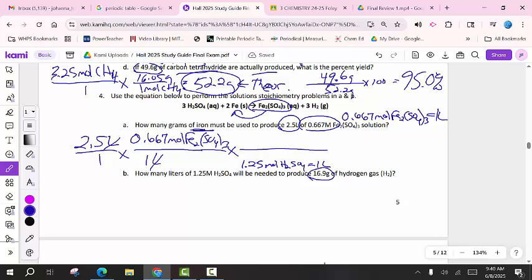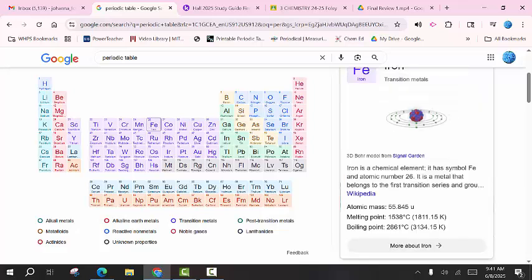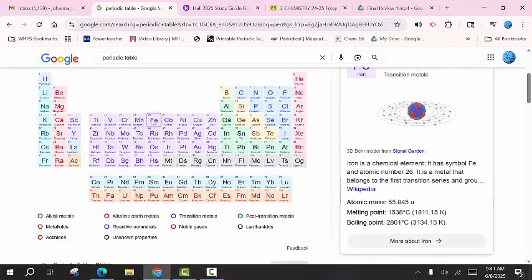There's a 1 in front of the iron sulfate, so I'm going to use 1 mole of iron sulfate on the bottom because that's what we started with. And I'm going to put 2 moles of iron on the top because that's what the question is asking for. And then just the last step, because it asks for grams, we're going to look up the molar mass of iron. If we go to a periodic table, Fe has a mass of 55.8.